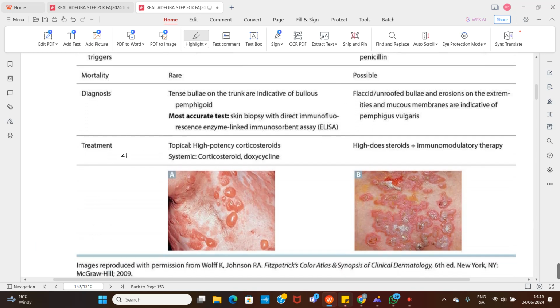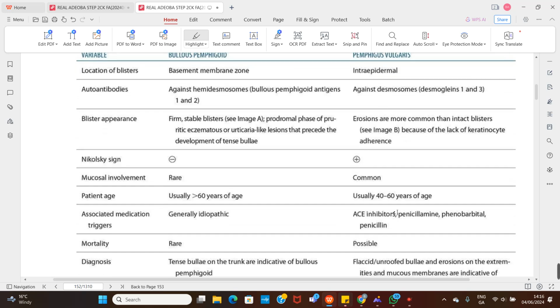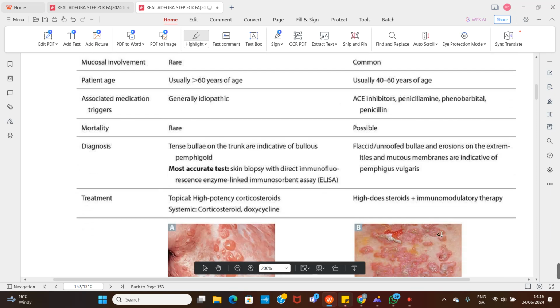So what do you do to treat? Both of them, you have to give them high potency steroids, right? But because of the fact that pemphigus vulgaris is more fatal, you have to add immunomodulatory therapy. I do that for both of them, but for your pemphigus vulgaris, add immunomodulatory therapy like your azathioprine, like your rituximab.